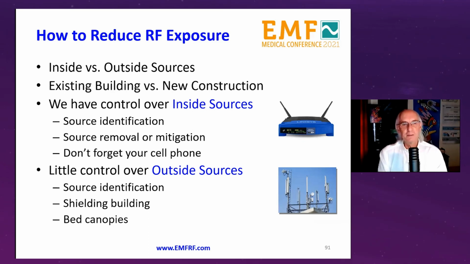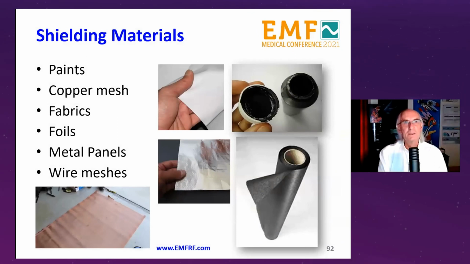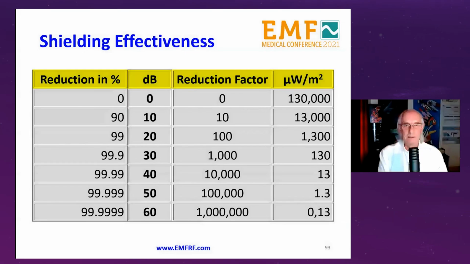What are some other ways of controlling it? Well, let's have a look. Shielding materials are paints, films, meshes, copper wire meshes, and so on. They can apply to wall surfaces, to flooring, to glass panes, and so on. And we can create shielding.